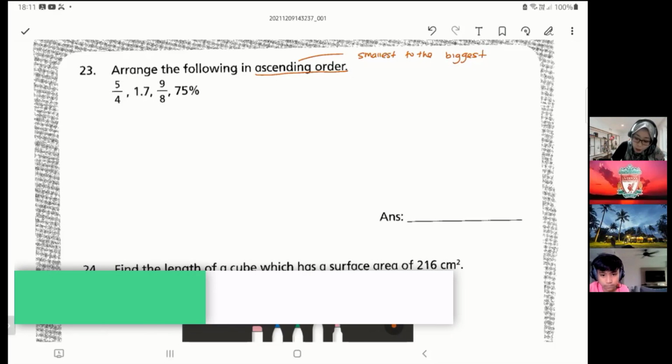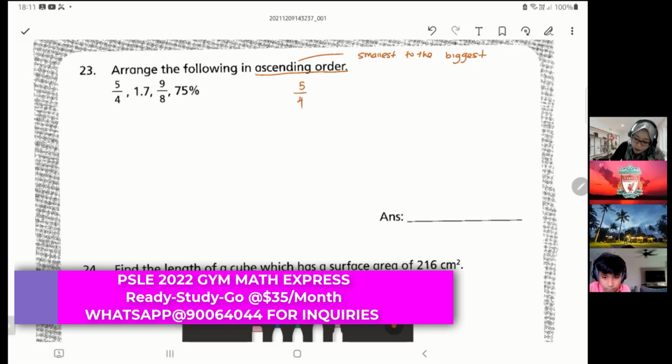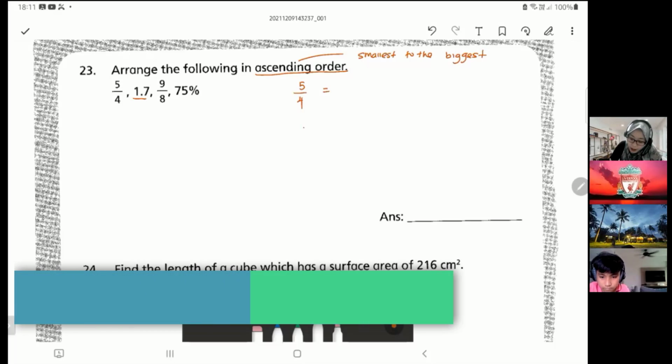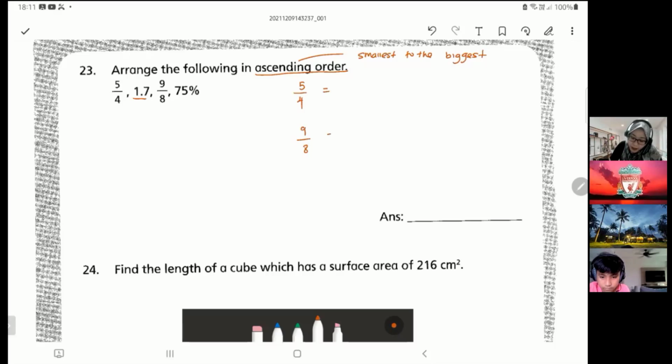So my 5/4, I convert to decimal. This one is okay, leave it as it is. My 9/8, I convert to a decimal. And my 75% also convert to decimal. 5/4 means 5 divided by 4. Or you can change the denominator to become 100. So you change it by times 25, like this.